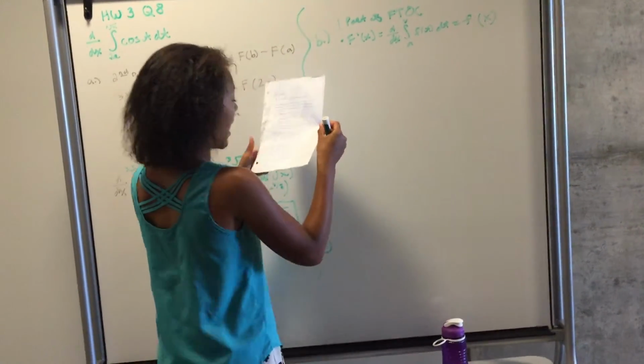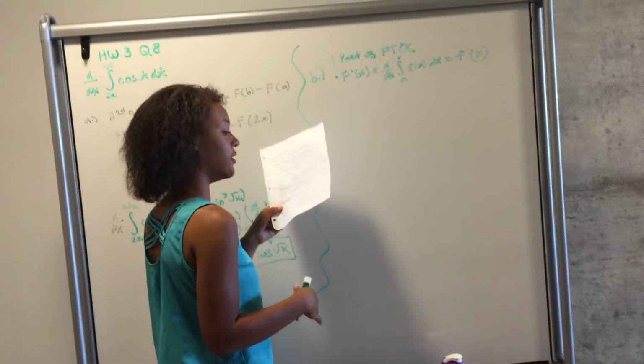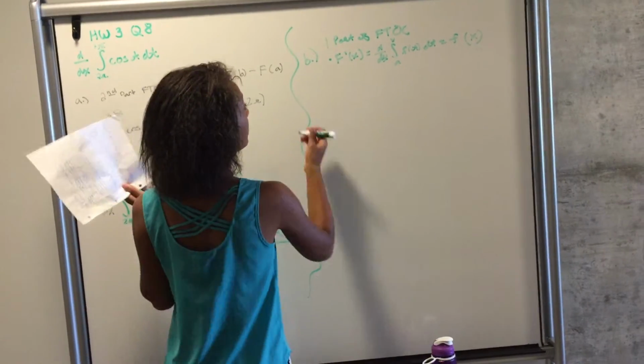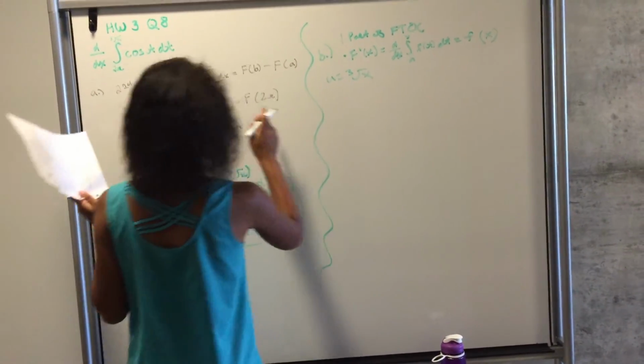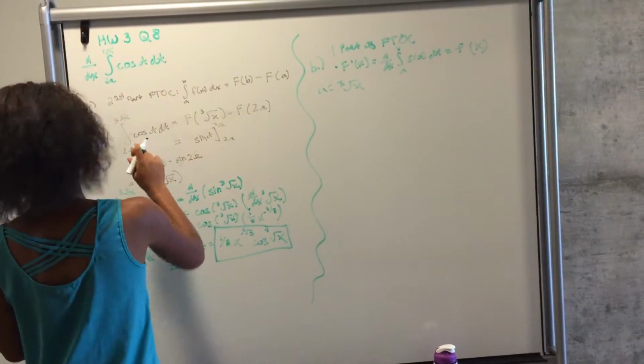So now we have to use the chain rule to differentiate. To do this, we will make u the third root of x, because we're still using the same problem we were using before.